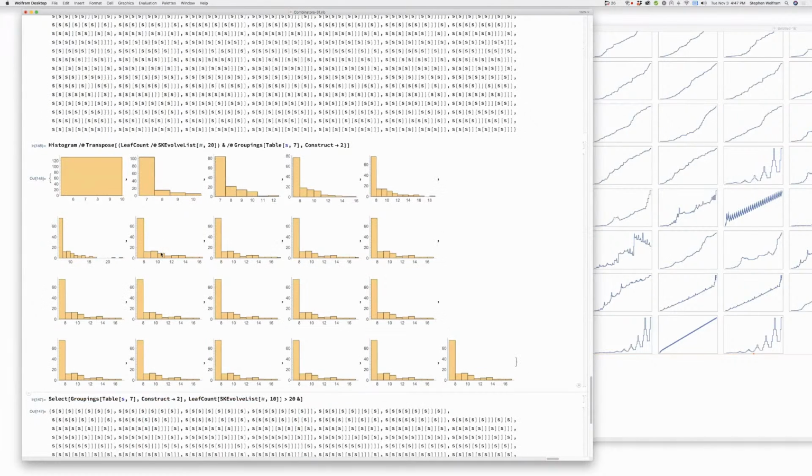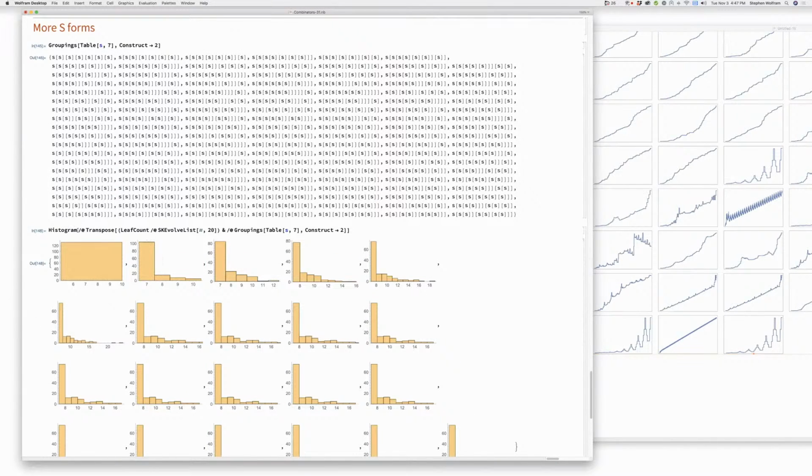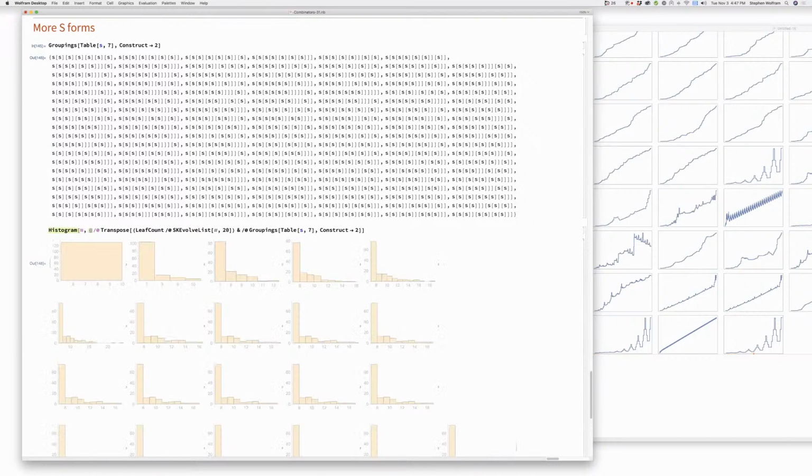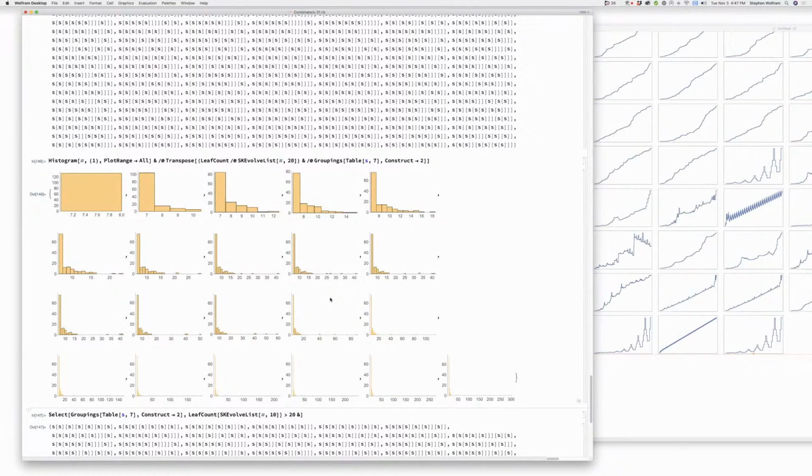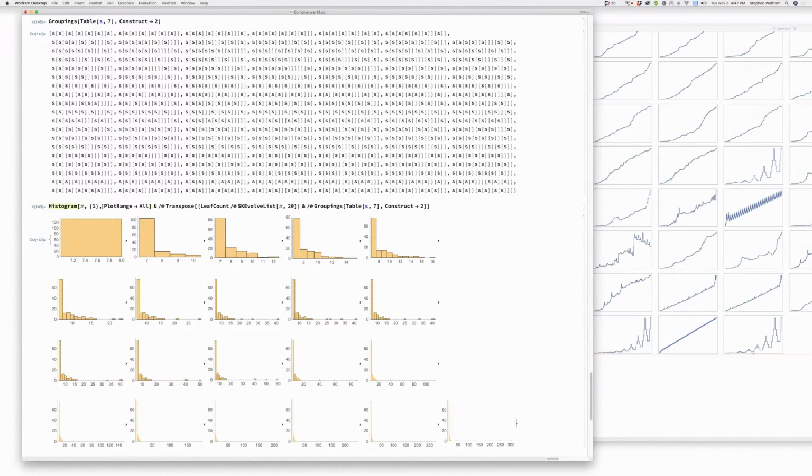Okay, so what this is saying is, and let's actually do the following thing. Let's say hash, comma 1, and then let's say plot range to all. And actually what I probably want to do is a log of the counts there.